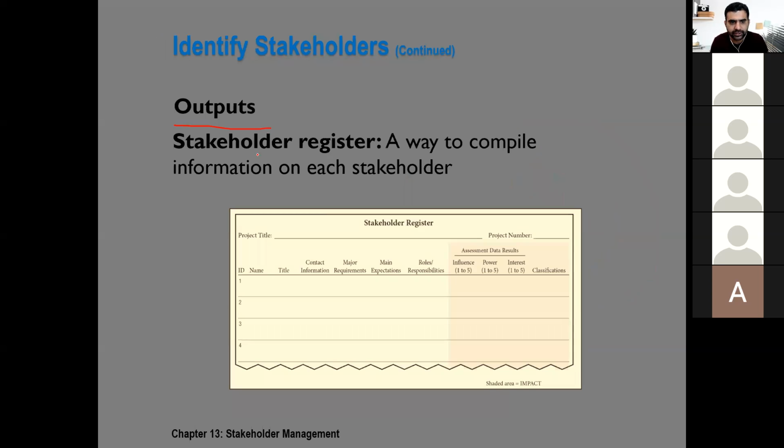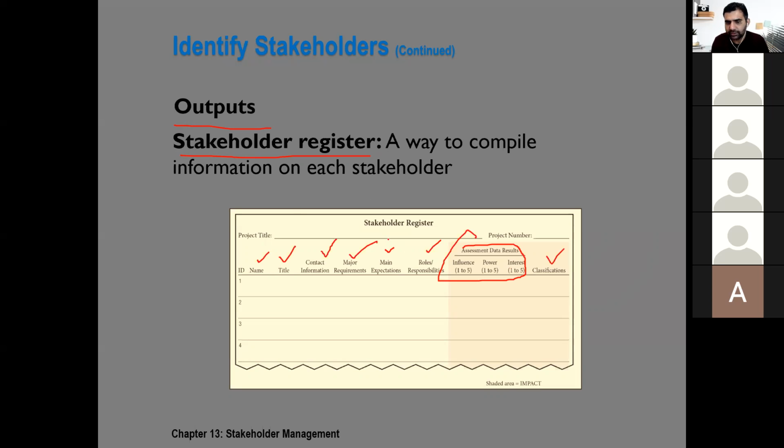Output of identify stakeholder is a living document called stakeholder register. Initially, when you identify the stakeholder, you may just have the name, title, contact information, major requirements, main expectations, roles and responsibilities, and their analysis, how much influence, power, or interest they have, and their classification.